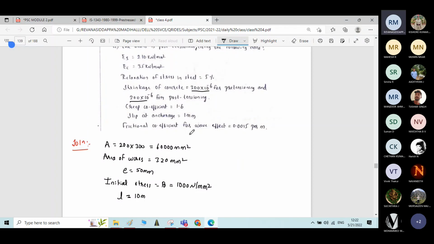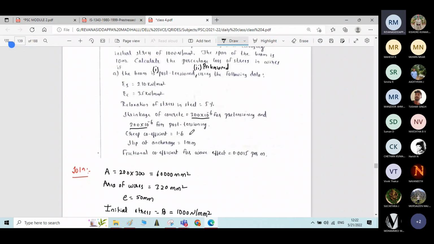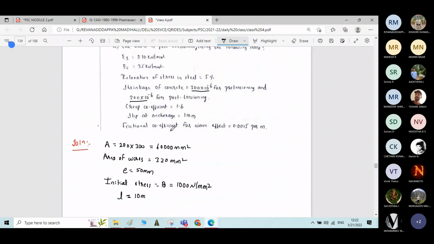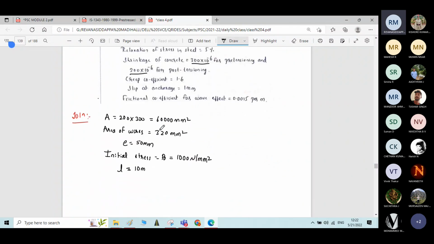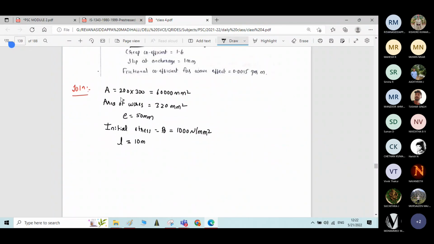Now, let me write the given data in detail. Es is equal to 210 kilonewton per mm square, which is nothing but 210 into 10 power 3 Newton per mm square.